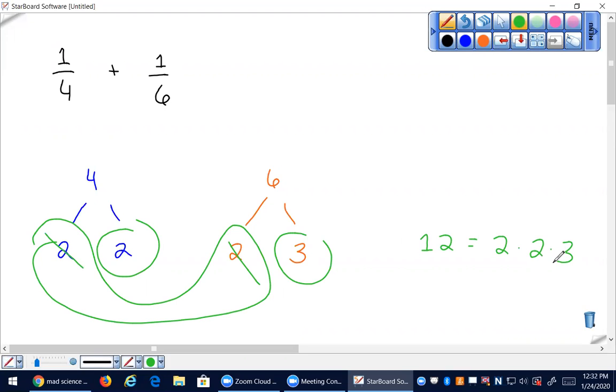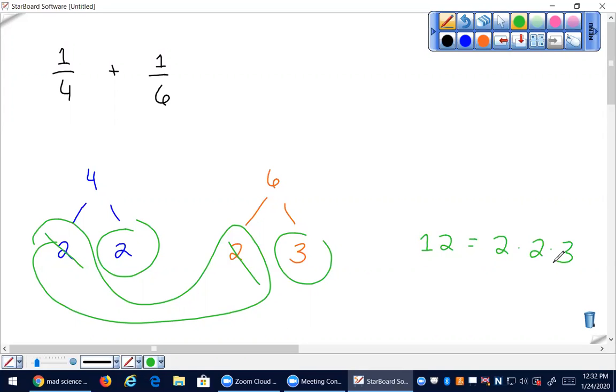We have the 2 that is shared, another 2 that's not, and the 3 that's not shared. And there's other ways of writing this, but the goal is to try and get a list of all of the prime factors, but if there's duplicates, only list them once in our end result.